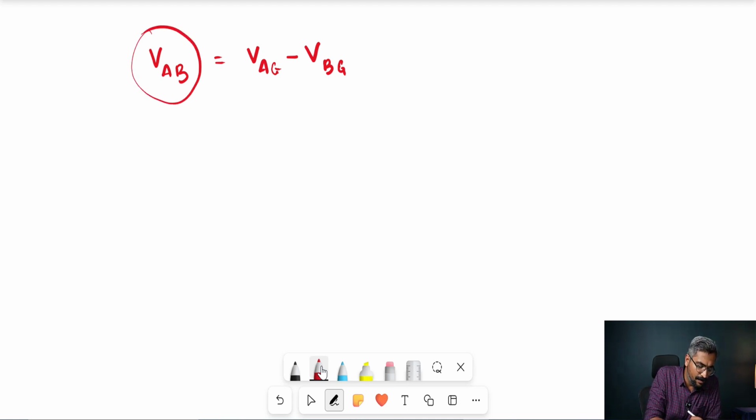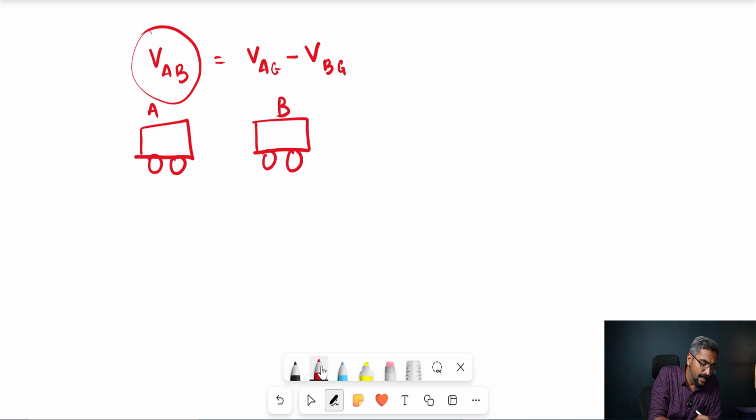So here the same scenario can be taken. If this is object A and this is object B, then what is this VAB? That is velocity of A with respect to B. That is, you are observing the object A from which one? B. So what is the thing?